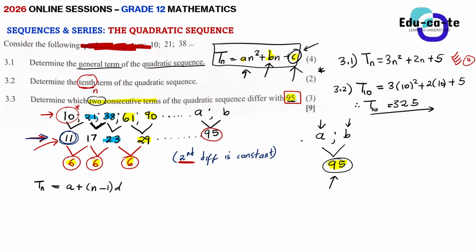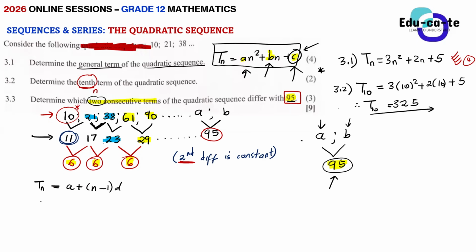You have noted that the first differences have a common difference. 11 has a difference of 6 from 17, 17 a difference of 6 from 23, and so on. So we can find the general formula for this arithmetic sequence. Let's do just that quickly.